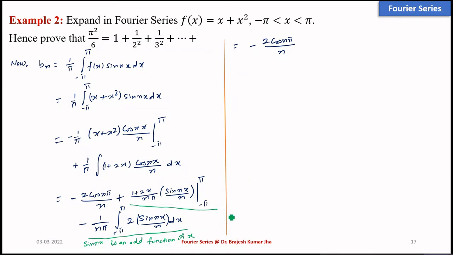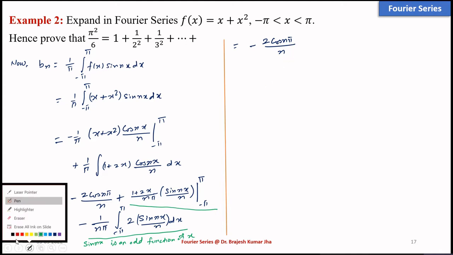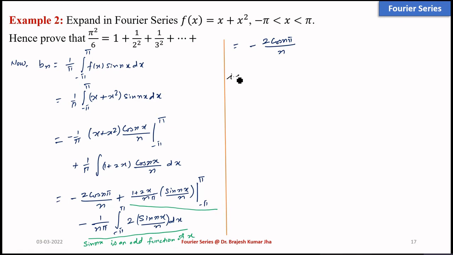So the whole term is going to be 0. So only minus 2 cos n pi by n that we have. So in this way, we can write bn is equal to 2 cos n pi. So again, n is even and odd. So it will be 2 by n if n is odd, and it is minus 2 by n if n is even.